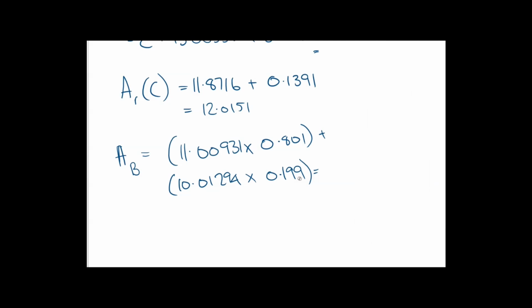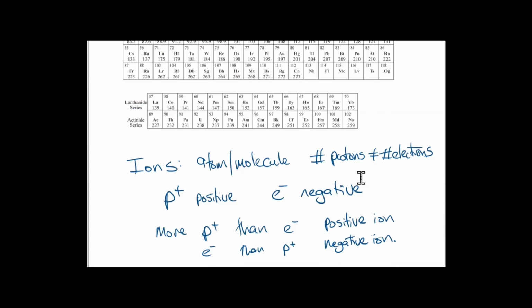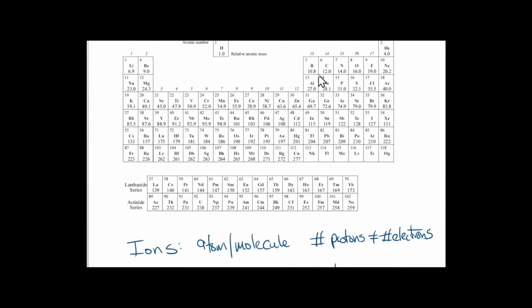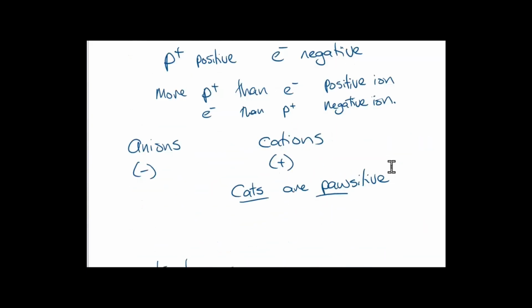So that is the relative atomic mass. So 10.811. And if we go to our periodic tables, 10.8. Well, it's rounded there to 1 decimal place. Okay, that's how we do this.